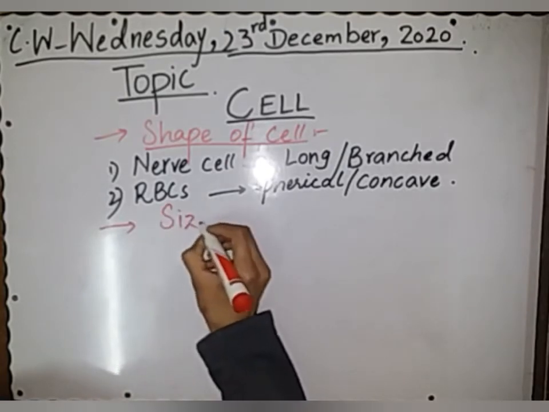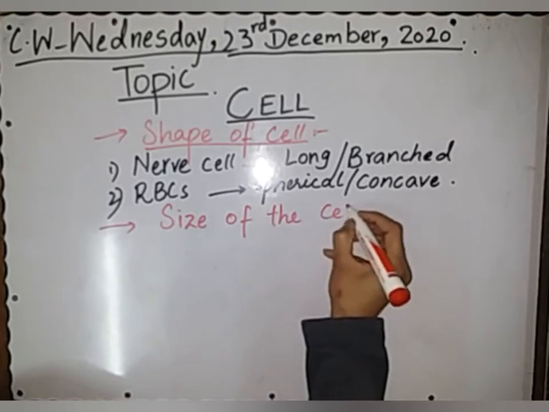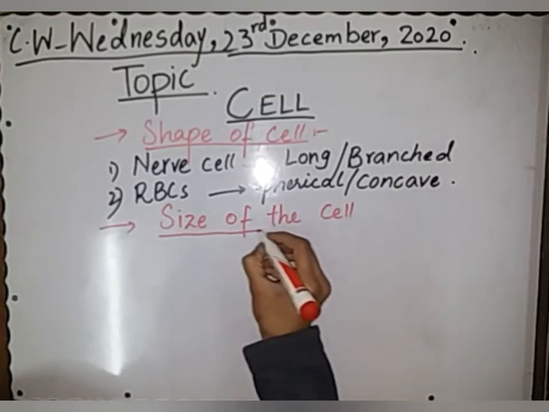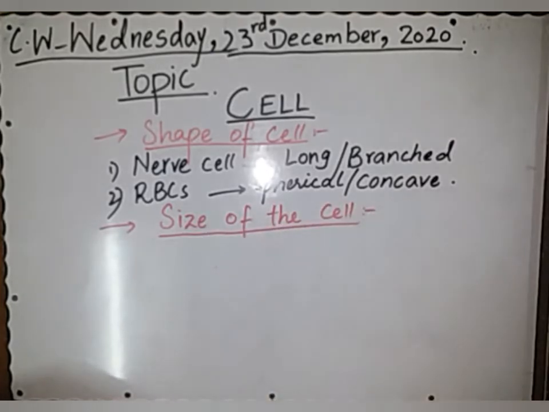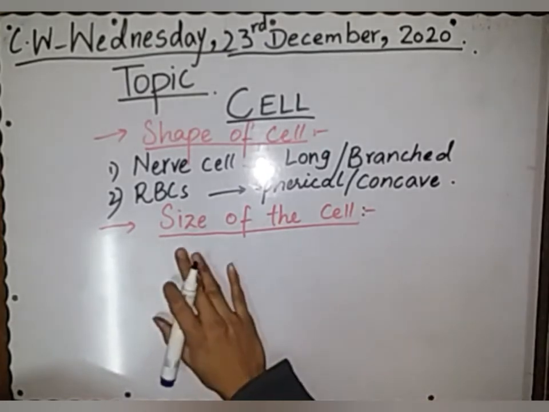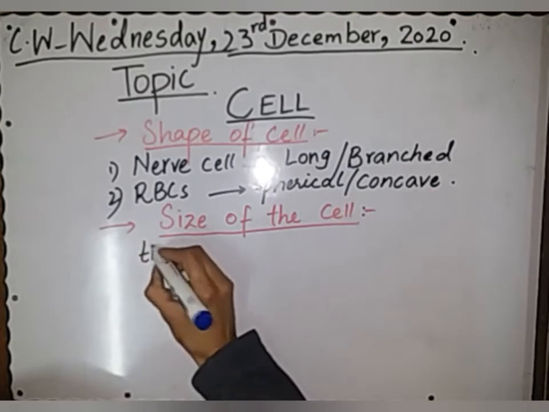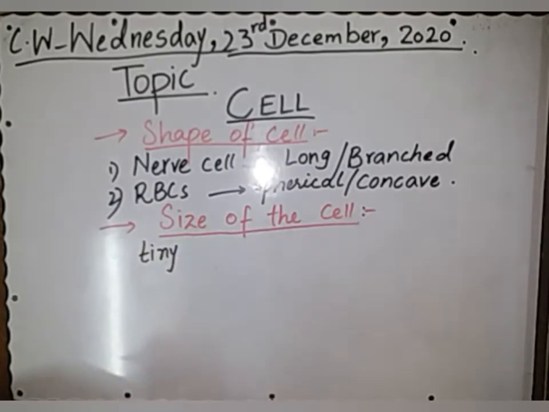What is the size of the cell? Students, the size of the cell also varies from body to body or from tissue to tissue. These cells are very small, that cannot be seen with our naked eye.